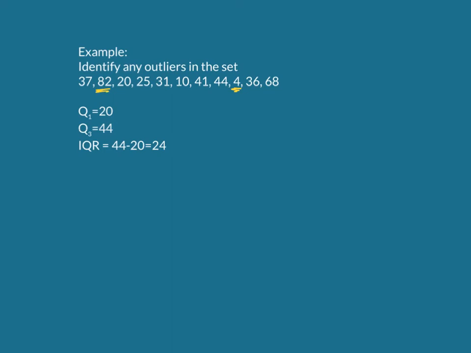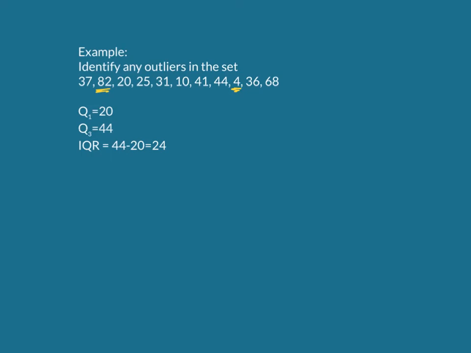Those seem sort of really low and really high based on the data that we have. Now, that's just sort of a gut feeling, right? An intuition, but it's not objective. When we take a look at the whole data set, and we take a look at that middle 50%, then we can objectively determine, based on the median, Q1 and Q3, if we have any outliers in the set.